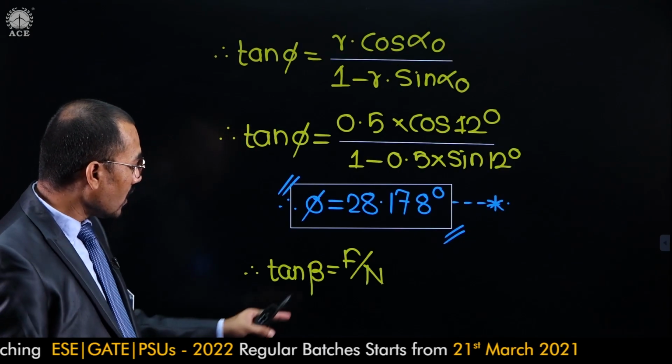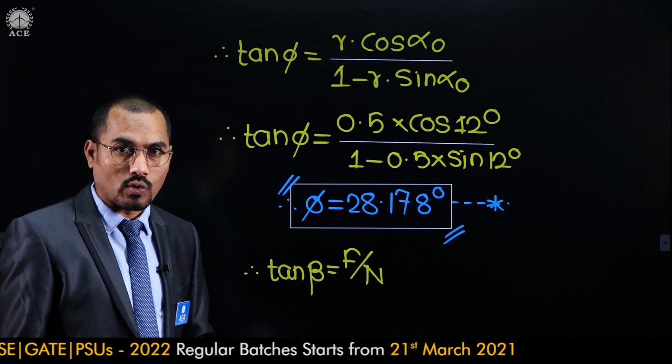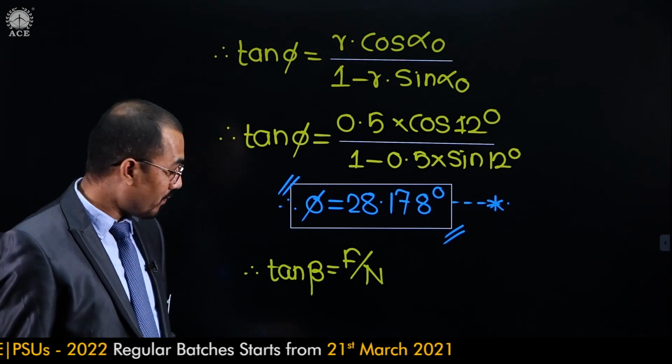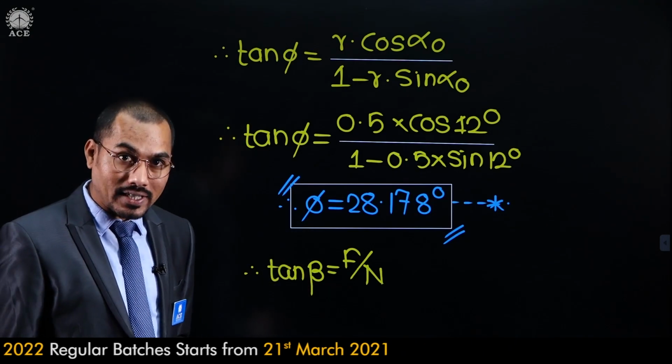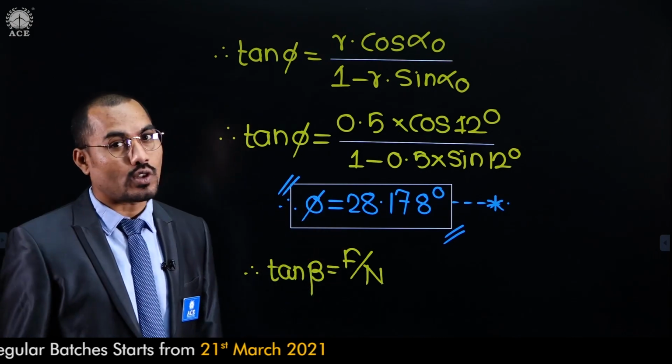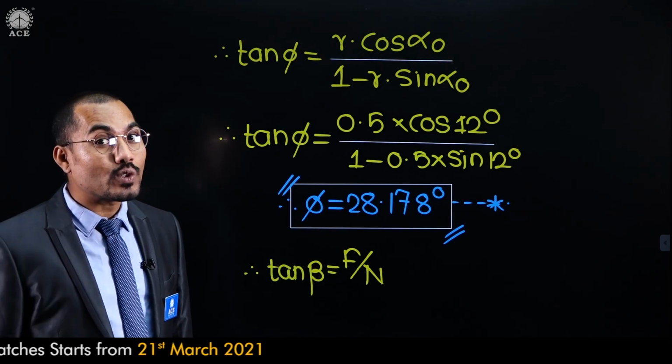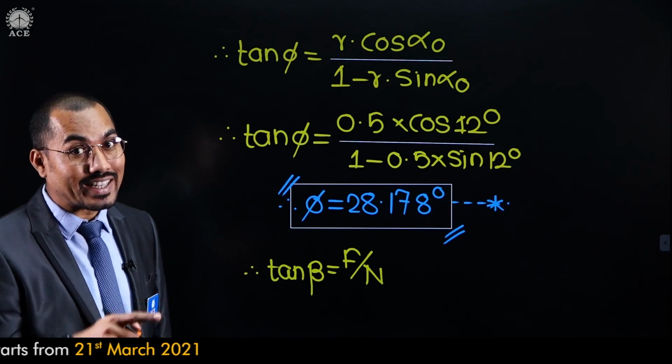Right, fine. Now sir, we have friction force already given in the problem. We are interested to calculate beta, but normal force is not given. So now we are interested to calculate normal force N from this given data.